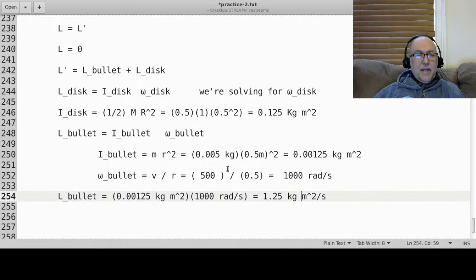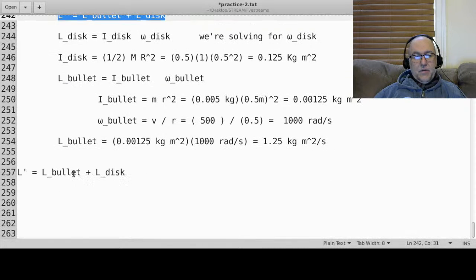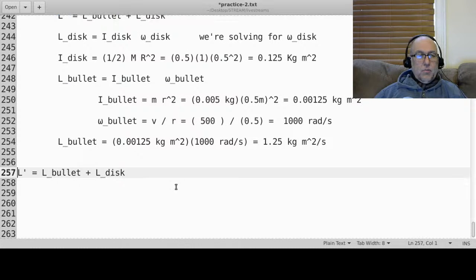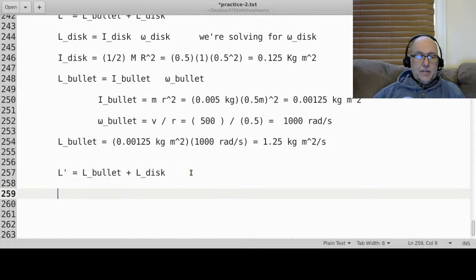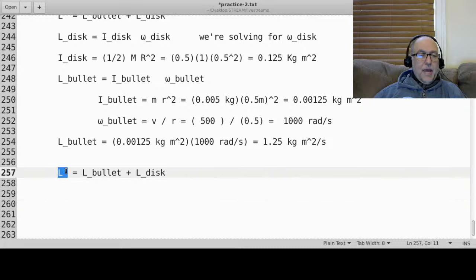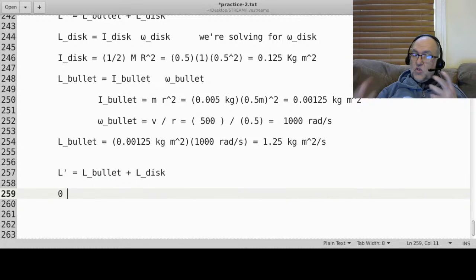So you say, geez, I'm getting lost here. What are you doing? Well, we're doing the total angular momentum after. So let me just take that down here. Total angular momentum after. And we now have that the total angular momentum after is 0, right? Because it's 0 before, nothing's turning before, so it has to be 0 after.